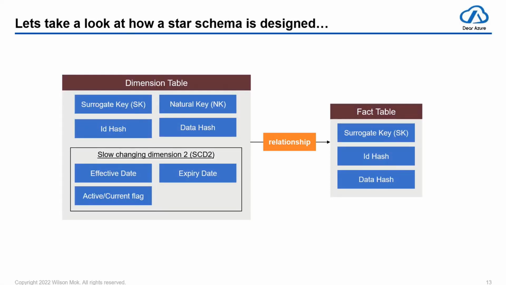So next, we have the fact table. Similar to the dim table, a fact table can also contain a surrogate key. The surrogate key acts as a primary key as well. And then there are also additional surrogate key, or SK, columns that we will have, and those would be used to form the relationship with the dimensional table.